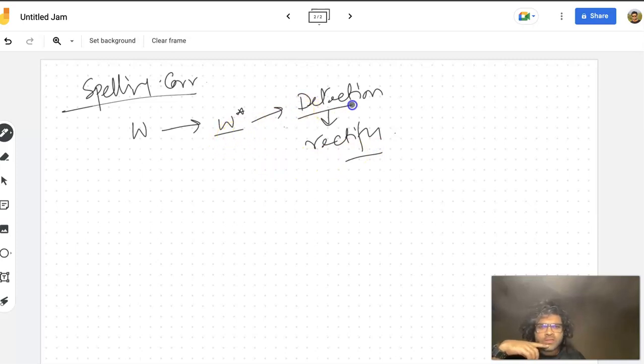For detection, I think the professor also taught this in the class. What you need to do is search the word in a dictionary. If it is in the dictionary, then the word may be fine. No, it's not always like that. Suppose your intended word is TWO, but you type TO.